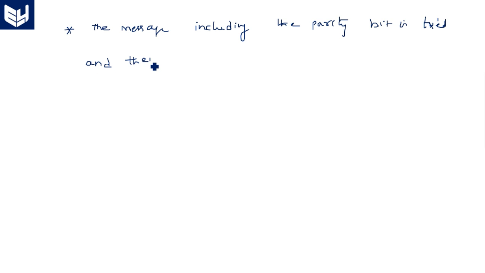So the message including the parity bit is transmitted and then checked at the receiver for errors.